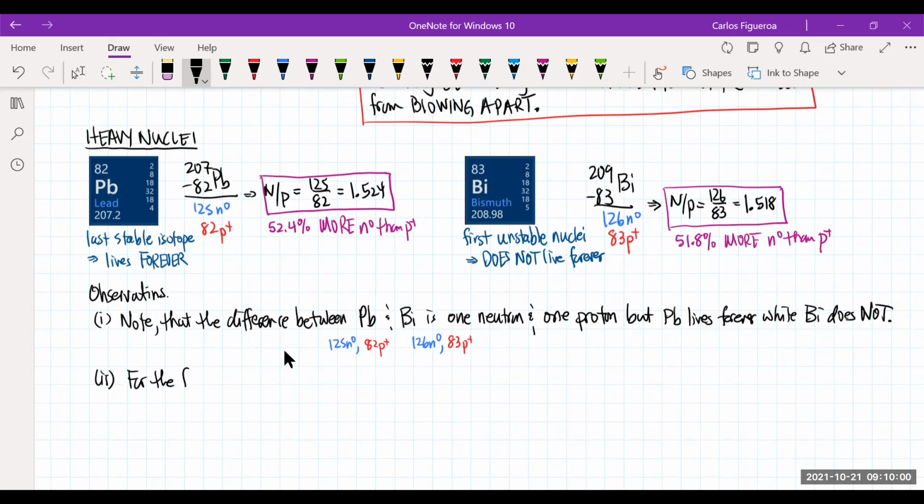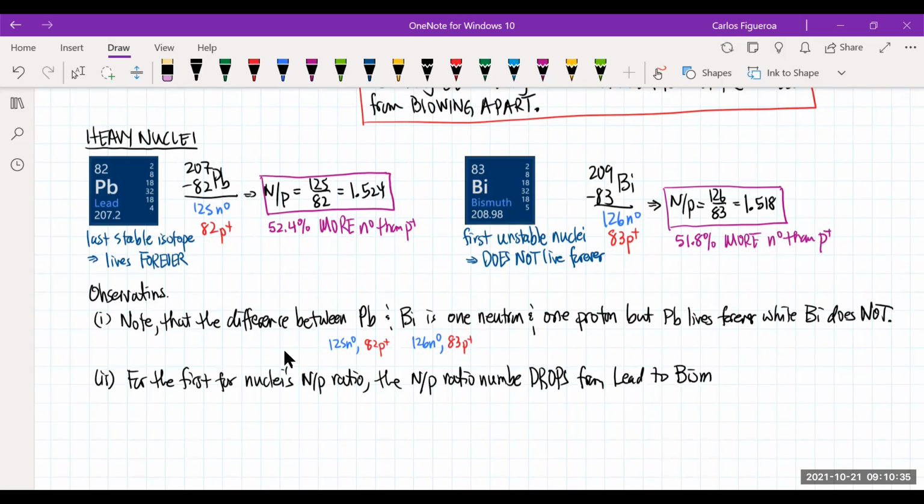For the first time for nuclides, the NP ratio drops from lead to bismuth.